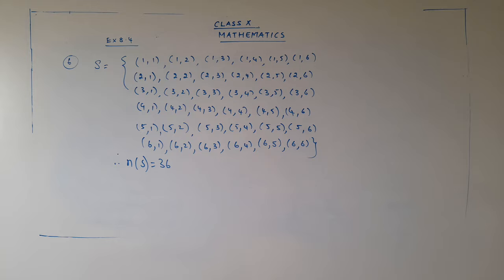So S is from 1 comma 1 and we get till 6 comma 6, and have written the total number of outcomes as n of S is equal to 36. Have you copied the sample space and n of S?